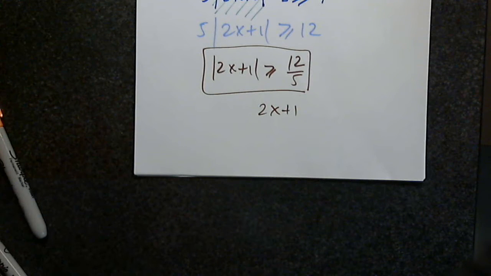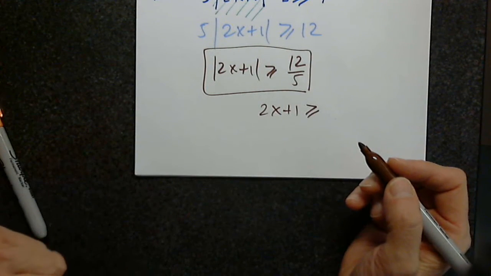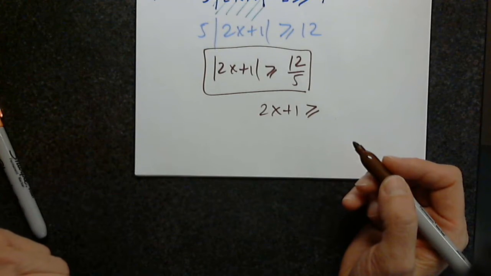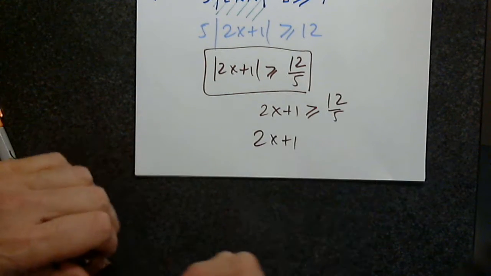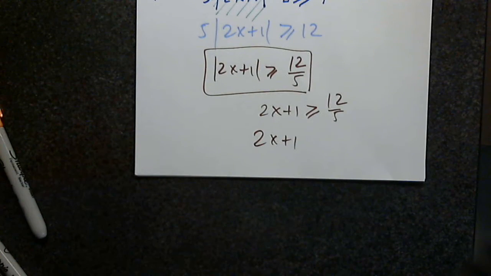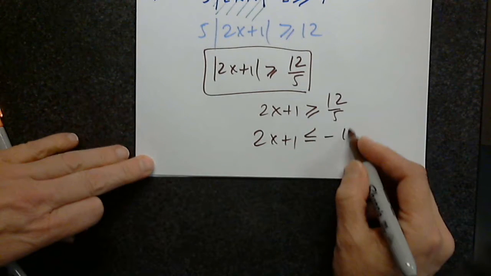That's correct. And then 2x plus 1 is greater than or equal to 12 over 5, indeed. And 2x plus 1 less than or equal to negative 12 over 5. Very good.